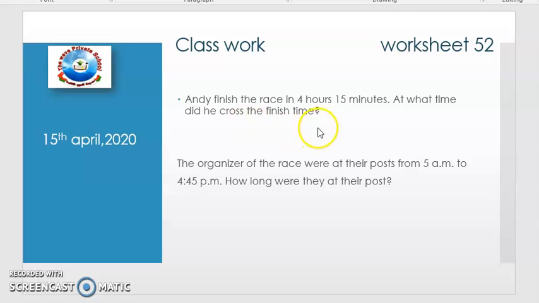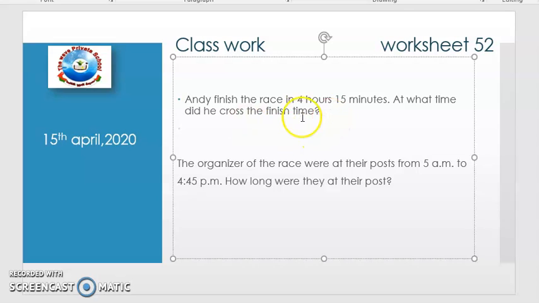As we know, the starting point of the race was 5:45 a.m. They said Andy finished the race after 4 hours and 15 minutes, so the finishing point is after 4 hours and 15 minutes. We need to find the exact finish time.